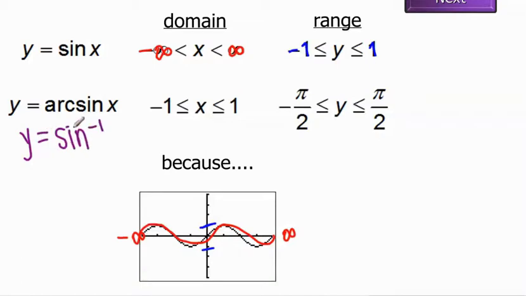So y equals the inverse sine of x. It can be written y equals arc sine of x. That is the same thing as y equals the inverse sine of x. What happens when we reverse our inputs and outputs is the range of the original function becomes the domain.